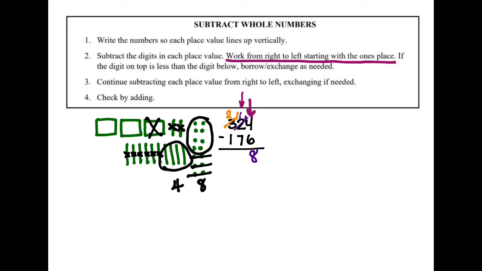So 11 minus 7, I can do that one now, is 4. And now I'm going to take the 1 flat away, and 2 minus 1 is 1. So 148, 148. Yeah, that's kind of a mess, huh?